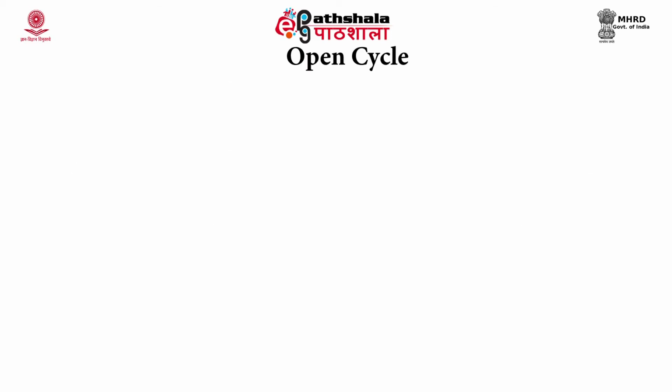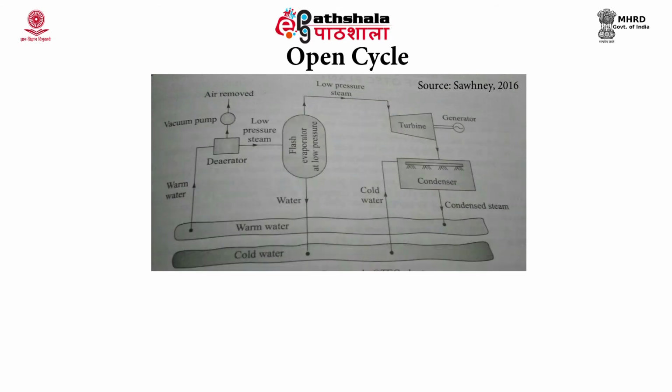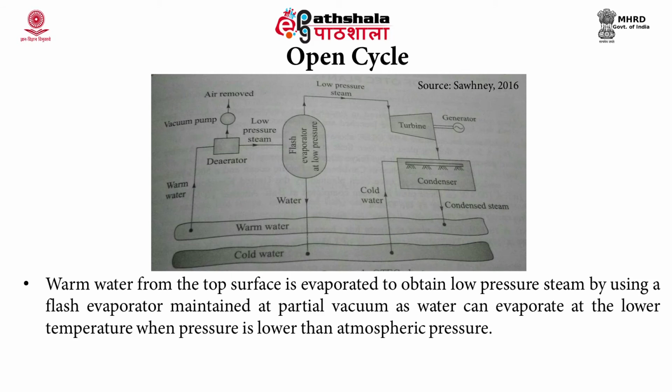Let's see in detail about this open cycle. The working of an open cycle OTEC plant is shown in the figure. The warm water from the top surface is evaporated to obtain low pressure steam by using a flash evaporator. You can see in the picture, it is maintained at partial vacuum, as water can evaporate at a lower temperature when pressure is lower than atmospheric pressure.